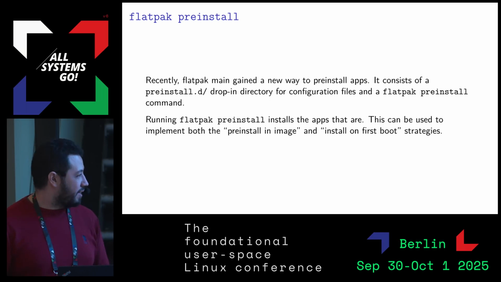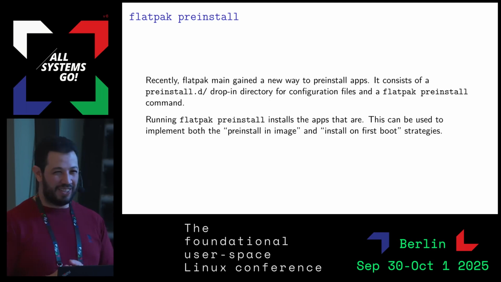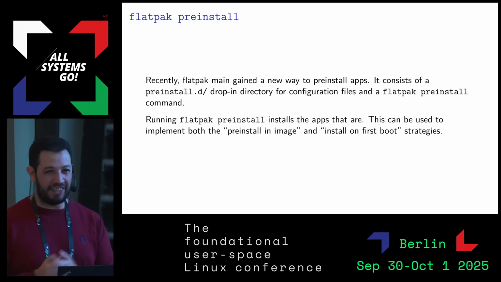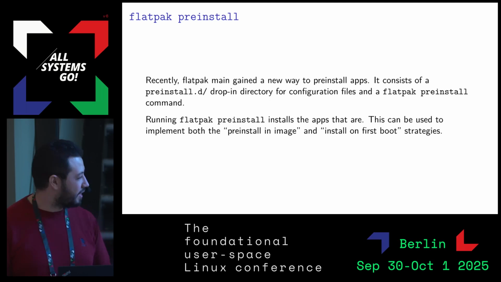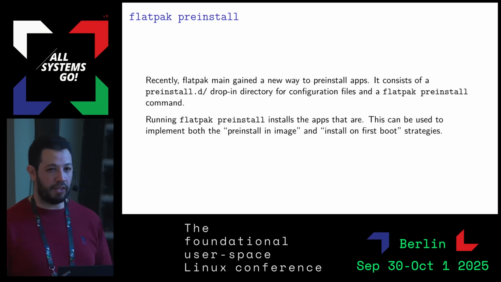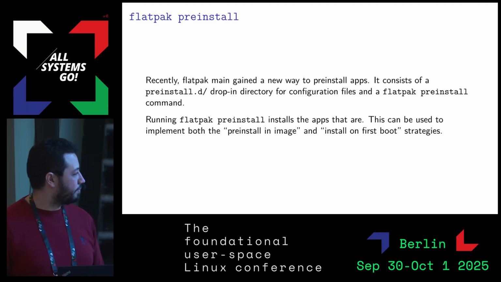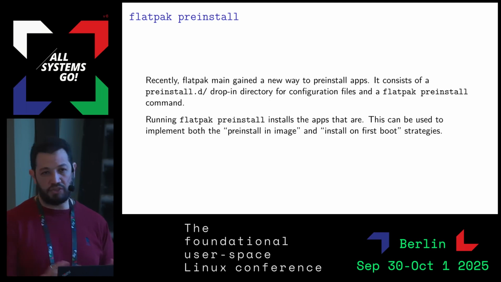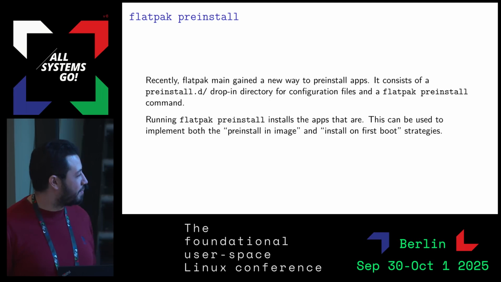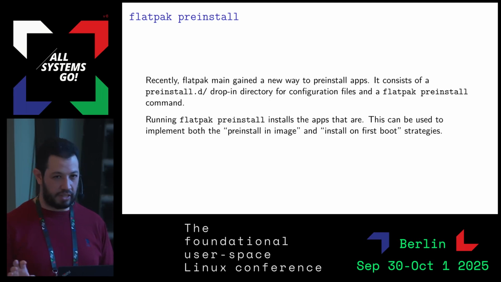Or it can be run on first boot, but again, it will need to download things from the internet, or possibly we could have the sideload repository on the user tree, so it just copies from there. But yeah, this is something very new. It was merged about a month ago, and I think it's not used anywhere yet.